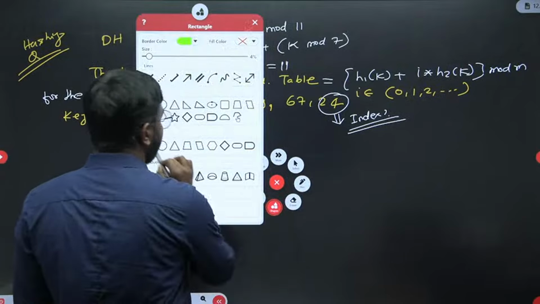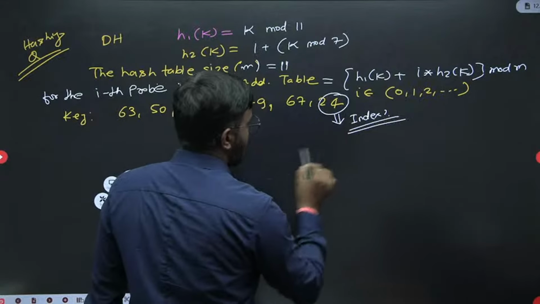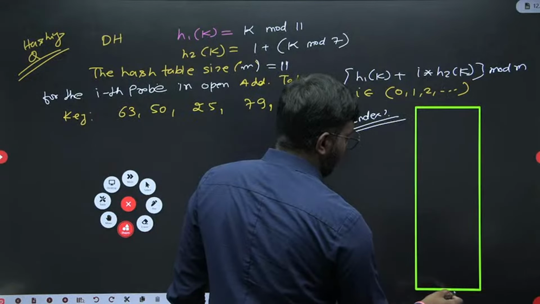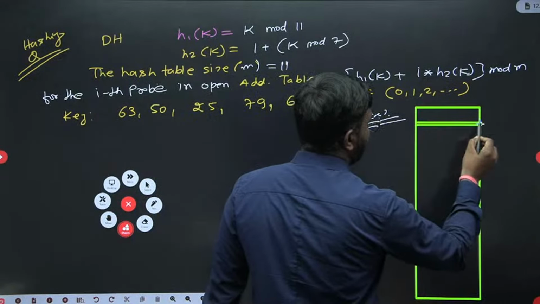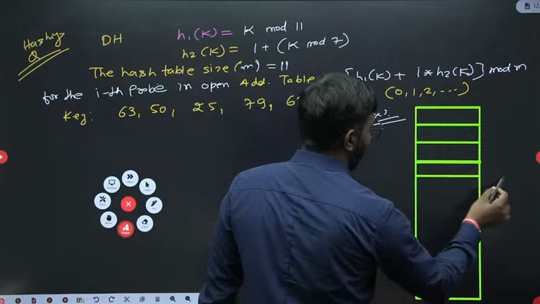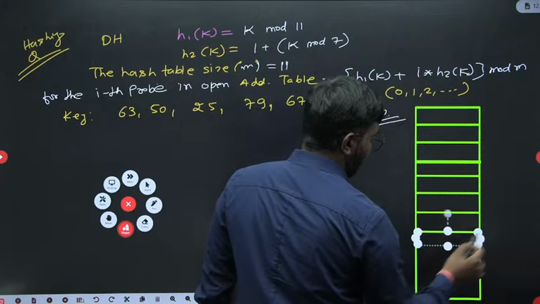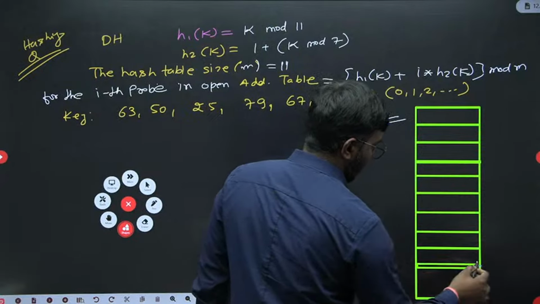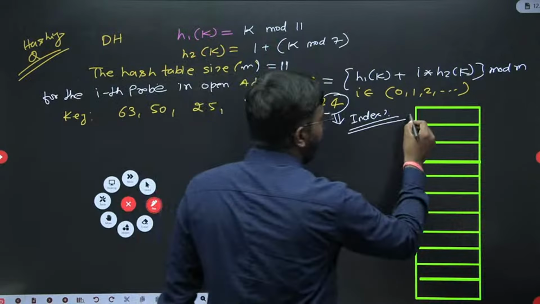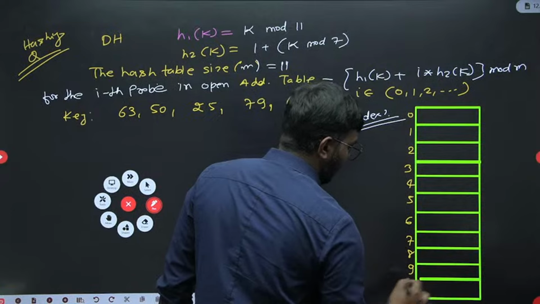Now let's take the hash table. It will have 11 slots, with index 0, 1, 2, 3, 4, 5, 6, 7, 8, 9, and 10.